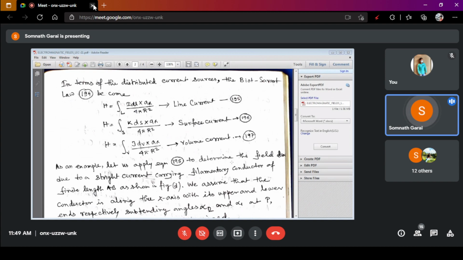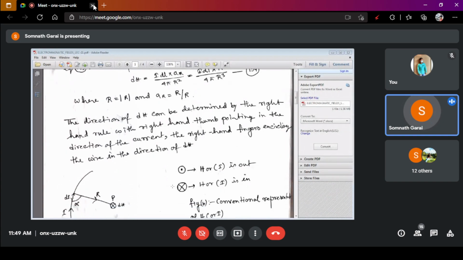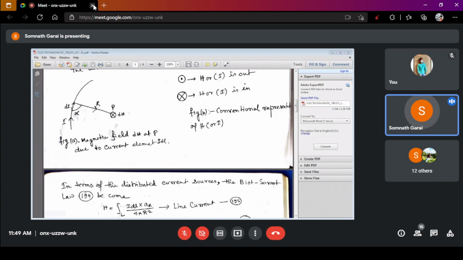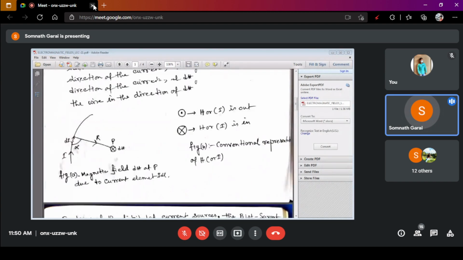Now this equation 194 basically represents a single magnetic point dH. But if we apply this Biot-Savart law to line current, surface current, or volume current, the equation is modified.